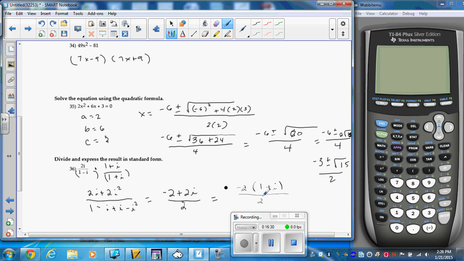And so the 2's cancel. And so we're going to be left with negative 1 minus i, because that is going to distribute back. It's plus, because when this was taken out, it was minus. So it's negative 1 plus i. Okay, good luck on your test.